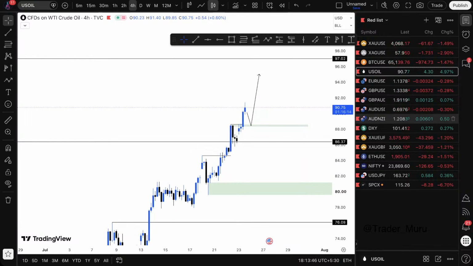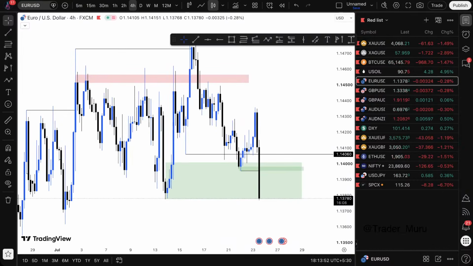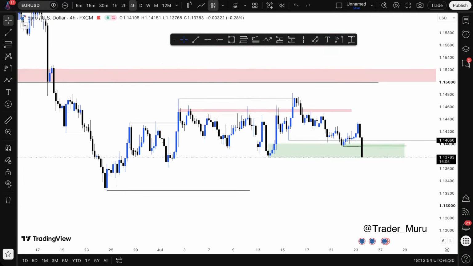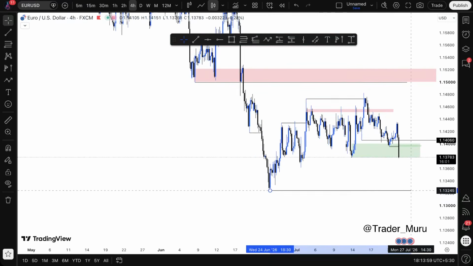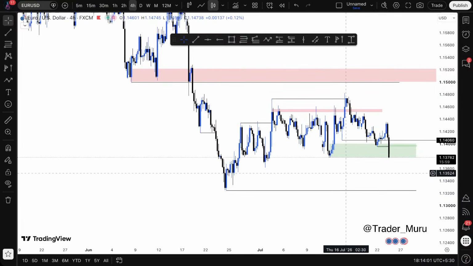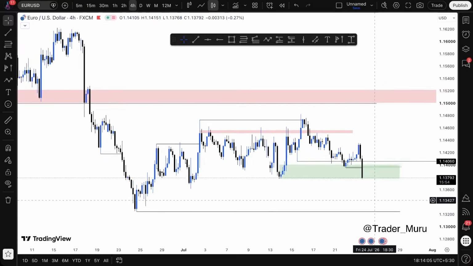Oil to euro bearish. We will see this low breaking in euro, after break of this low.